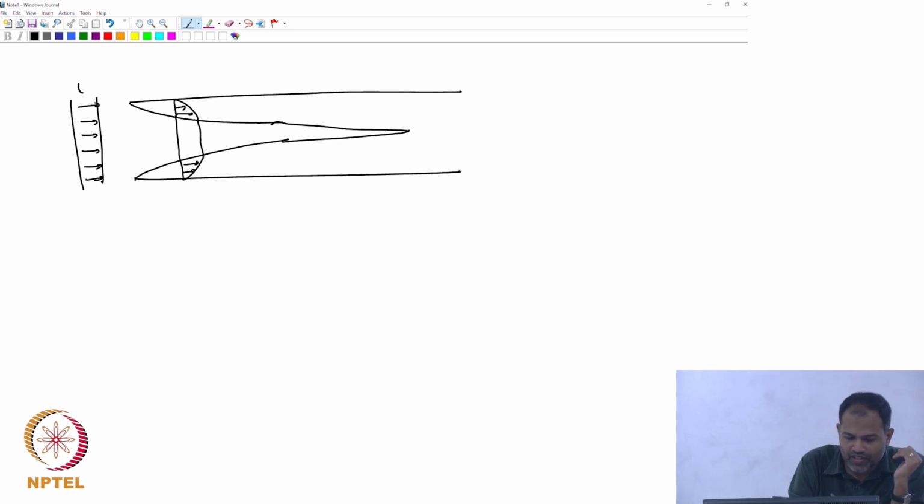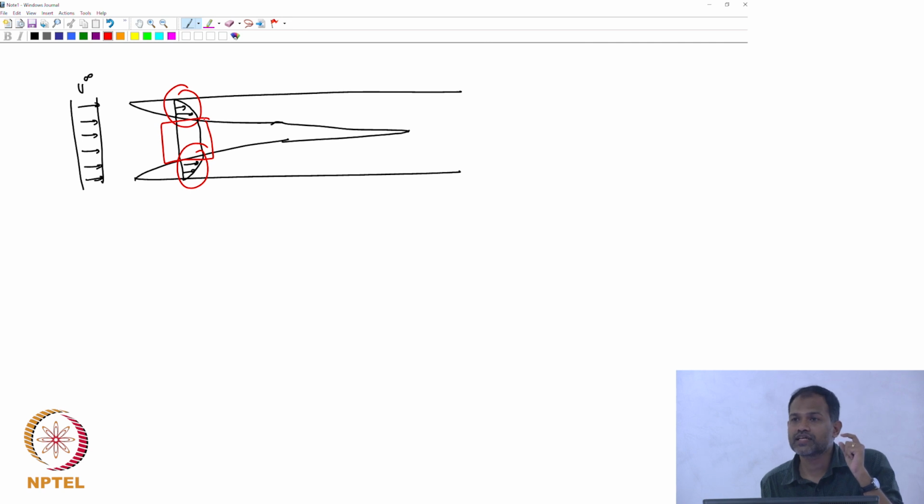If this was coming with a velocity of u infinity, here this region and this region have slowed down. That means this part of the velocity field should have a velocity larger than u infinity. In fact, you can use mass conservation to calculate the velocity in that region. So this is what boundary layer really was in the context of what we had done earlier.